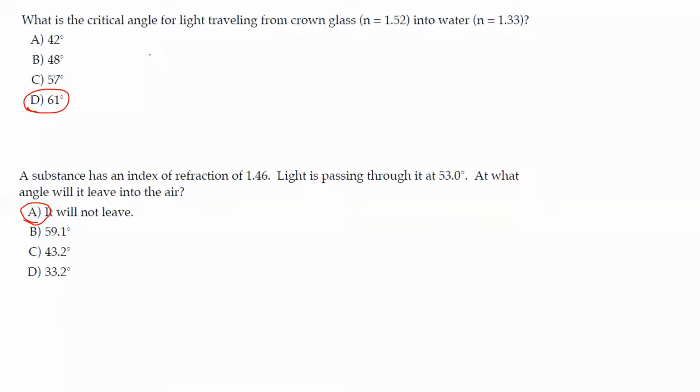First one: what is the critical angle for light traveling from glass to water? It is going from a denser medium to a rarer medium. I'm bad at remembering that equation, so every time I do this, I draw a diagram. This is my critical angle, this is my denser medium, glass, and this is water.